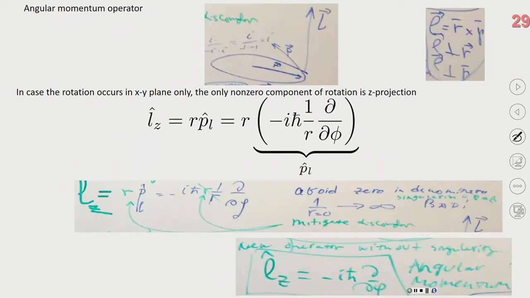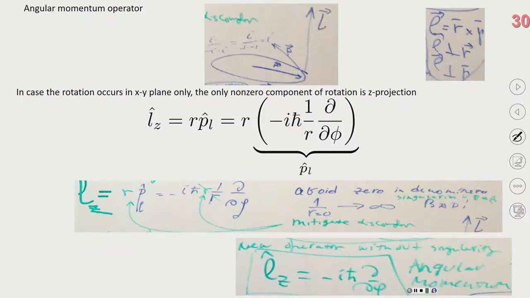In case our vectors of radius and momentum are in the xy plane, then the angular momentum will be, according to these rules, oriented in z direction, and there will be no other components. So angular momentum is a three-dimensional vector, but in case our rotation happens in a plane, it will be a vector collinear with the z-axis.